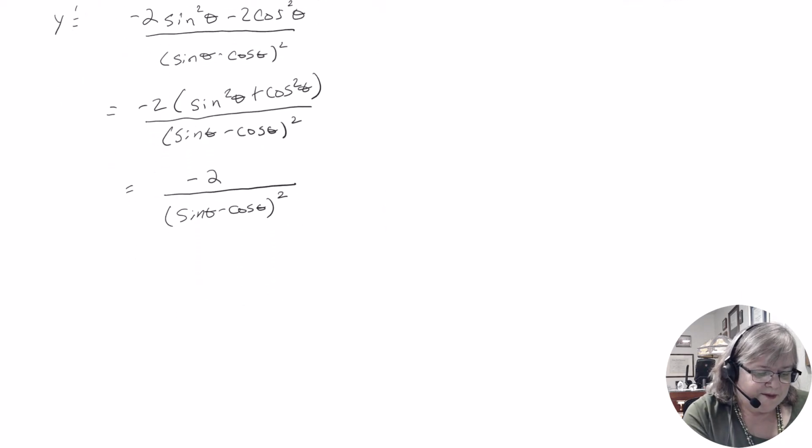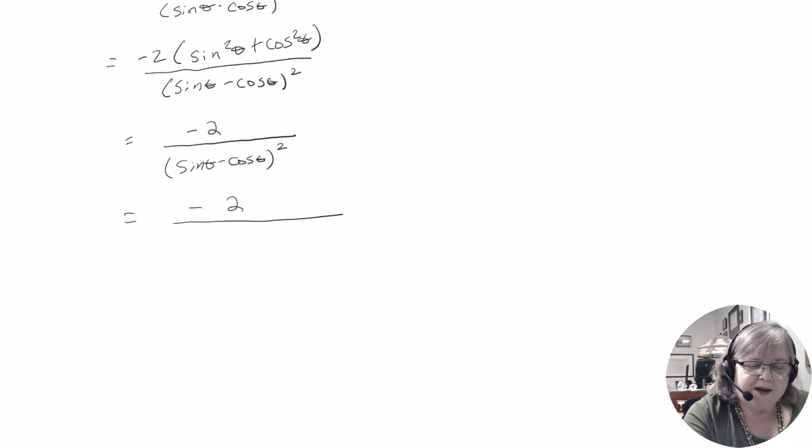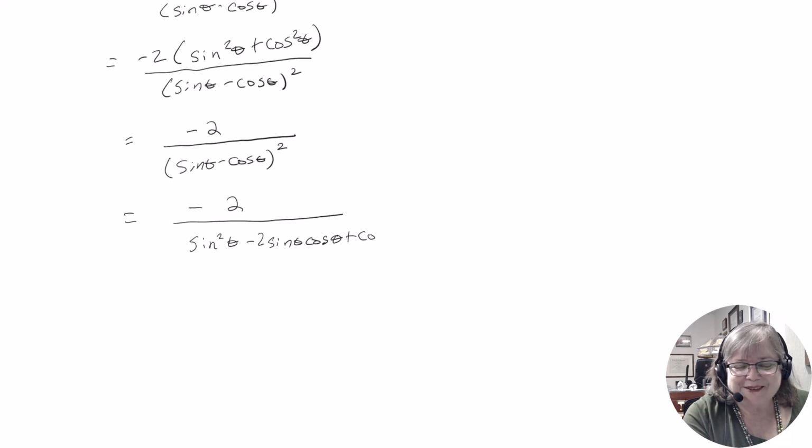Now, that might look just fine to you, and you might want to box it in there, but I want to just try something for a second. So minus 2. If we multiply out that binomial square on the bottom, you would have sine squared theta minus 2 sine theta cosine theta plus cosine squared theta.